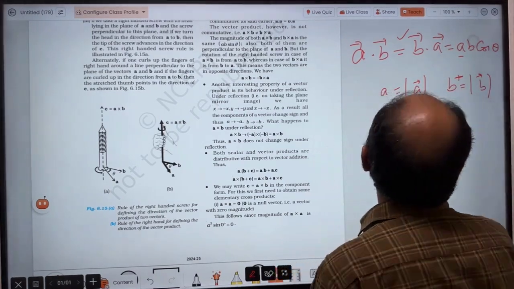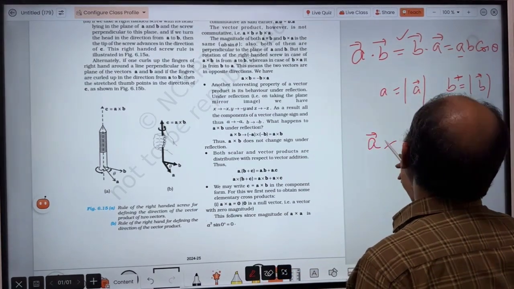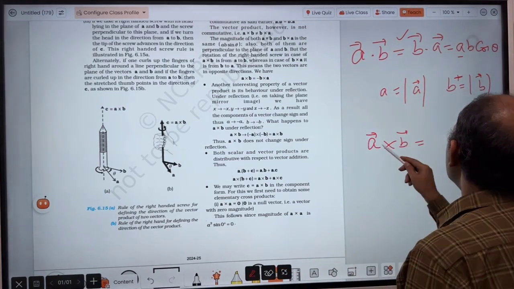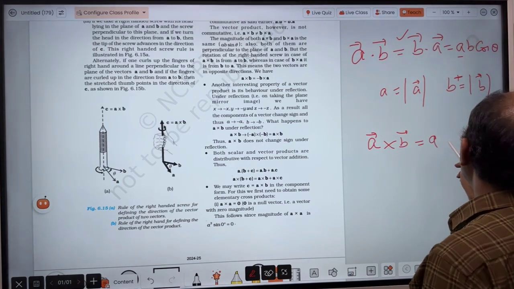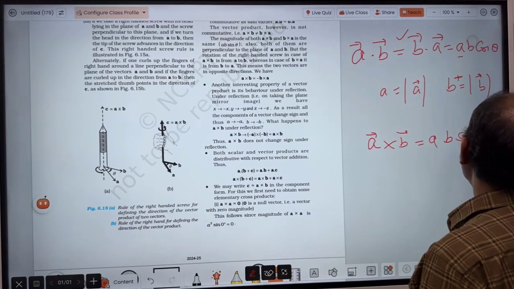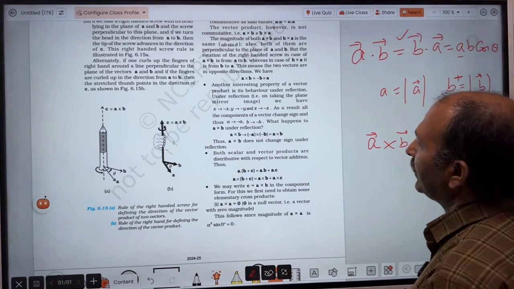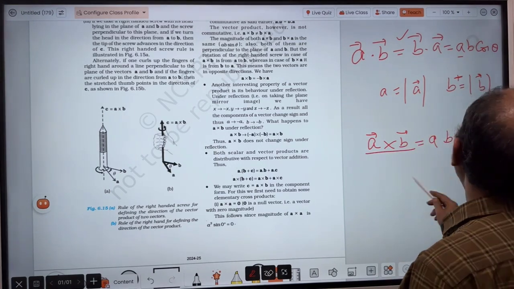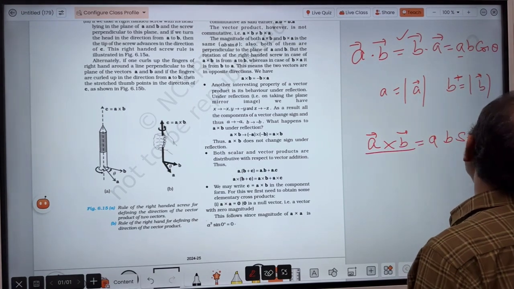Here we need the cross product. Suppose we want to find vector A cross vector B. It is the modulus of A, that is A, times the modulus of B, and then sine theta. And since this is a vector, there must be a direction.